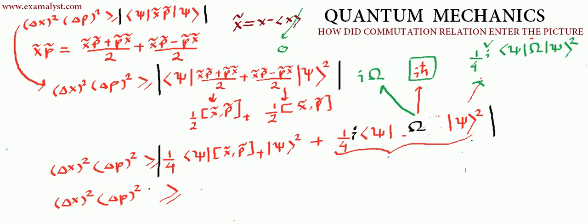So what will be the final answer? The final answer will be as follows after removing the mod. If we remove the mod, there is no use of this i again. So we'll have the first term as it is, which is 1/4 of the operator that we have here.